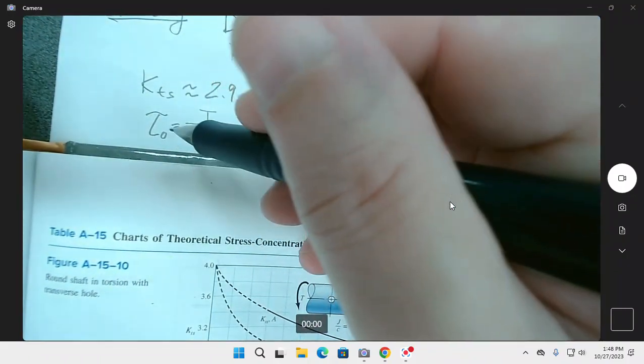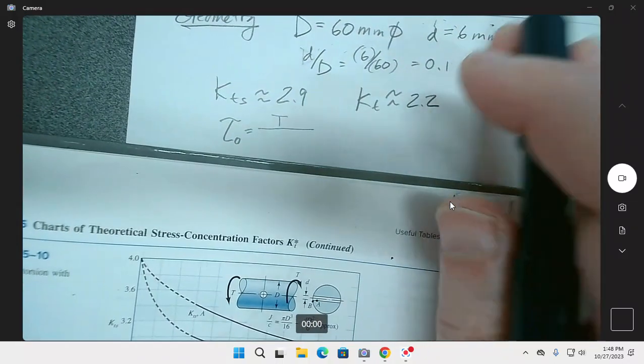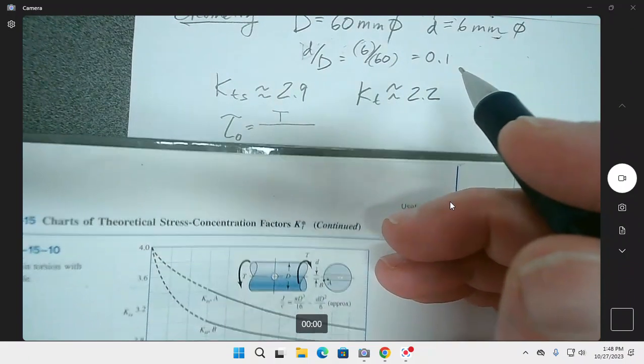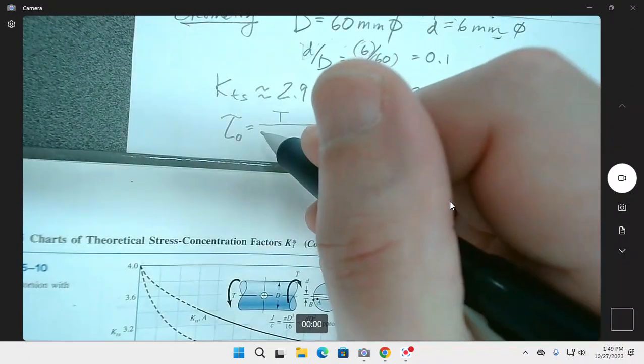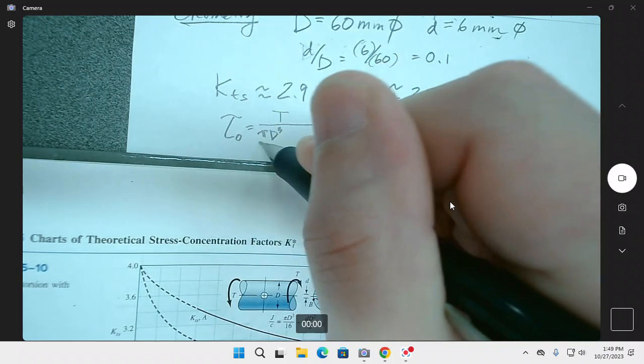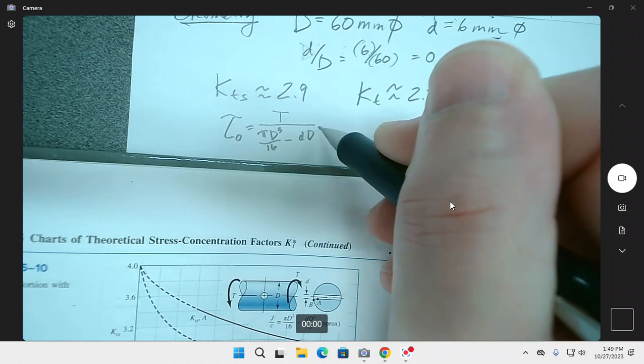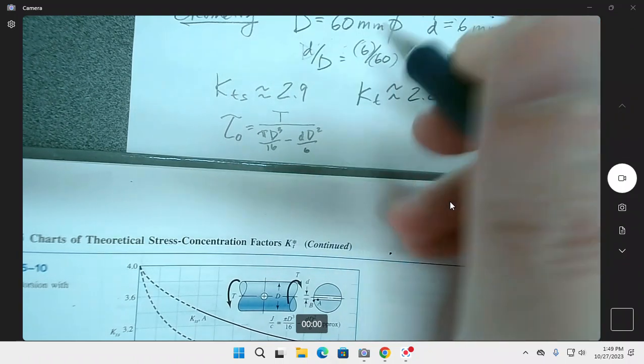Okay. I can't get it without my hand in there. Pi d cubed over 16 minus little d, big D squared over 6.